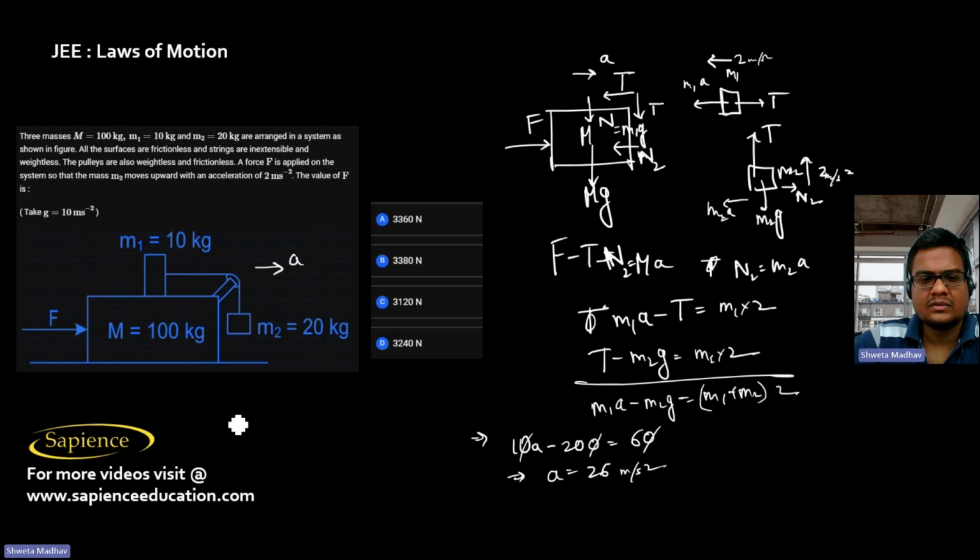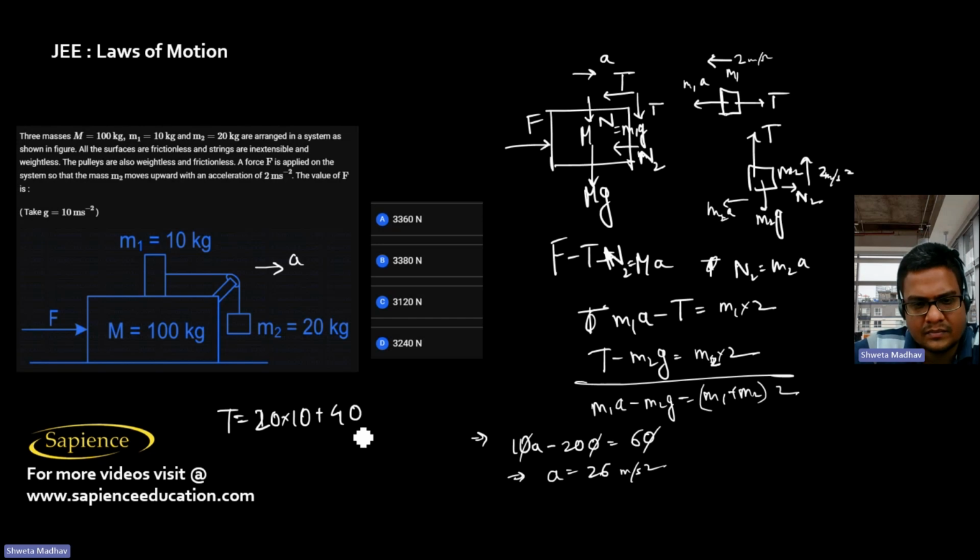Then you can find out T also. T will be equal to M2g plus M2 into 2, that is 20 into 10 plus 20 into 2, that is 40. T equals 240 Newton. And N2 will be equal to M2 into a, which is 20 into 26.